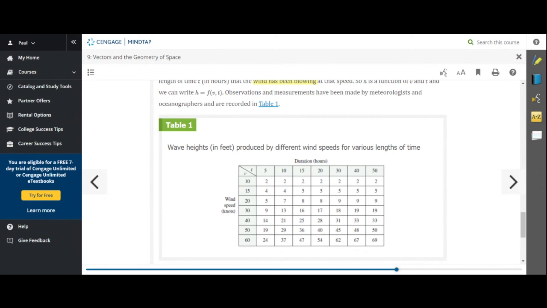In table 1 here, they increase. That's absolutely right. Good, Robin. Good, Christopher.